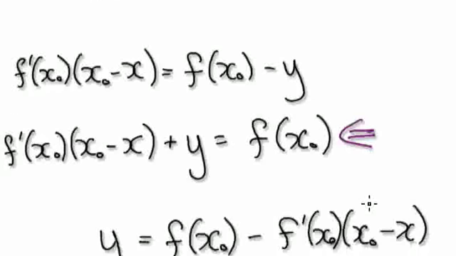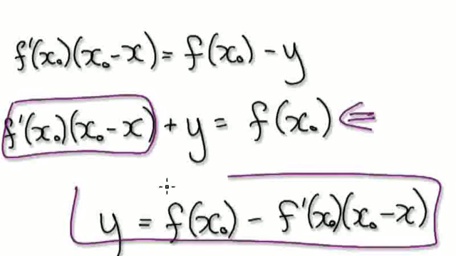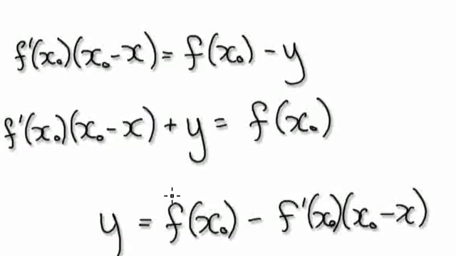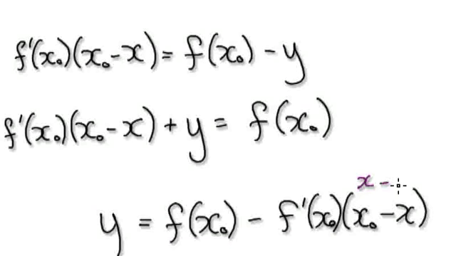Then take away this block from both sides, so that now y equals this. But normally you're familiar with x take away x0, and at the moment it's x0 take away x.